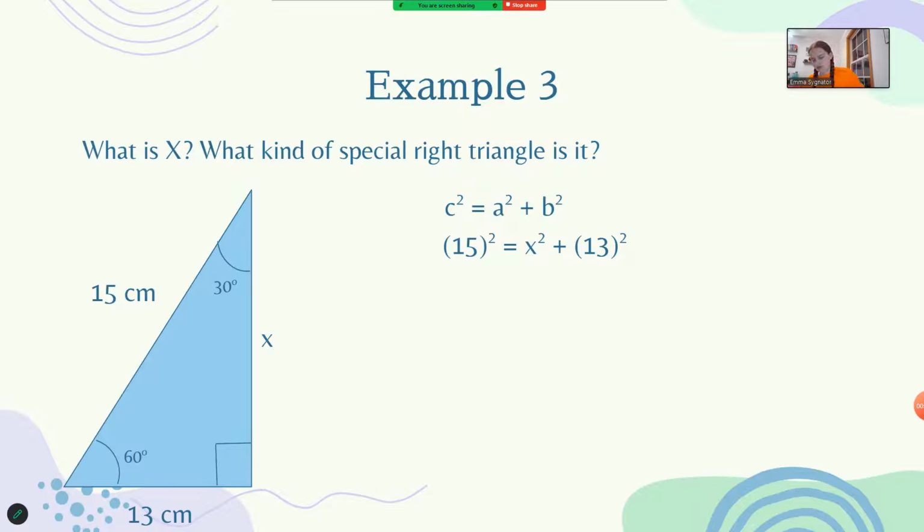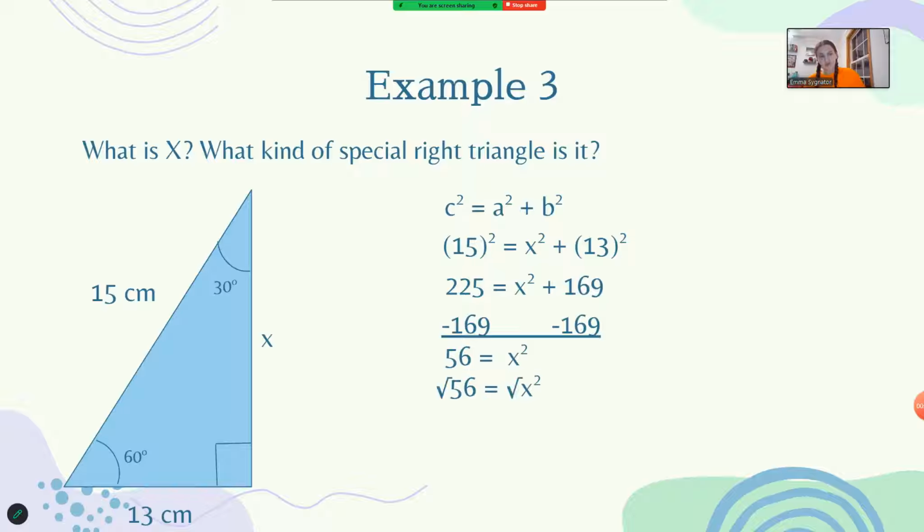Now we do 15 to the power of 2, which is 225. X squared stays the same. And then 13 to the power of 2 is 169. Now what we do is subtract 169 from each side, which is 56 equals x squared.